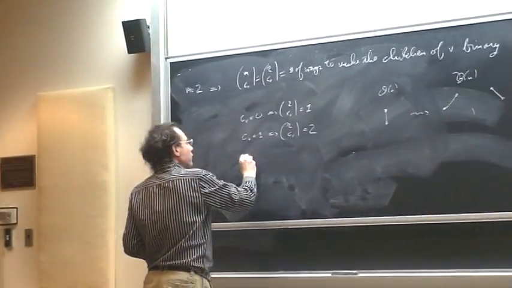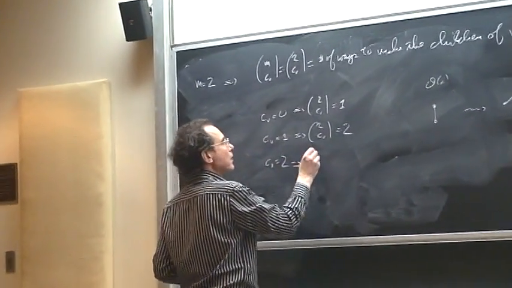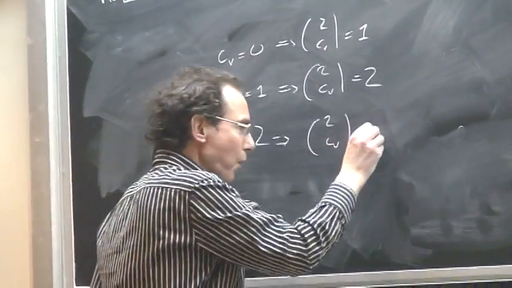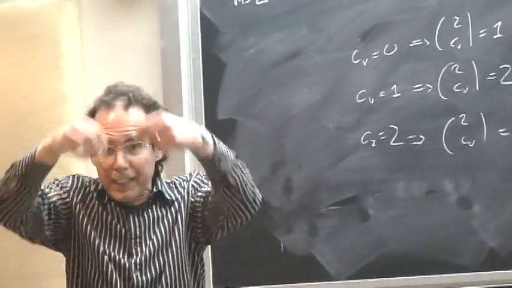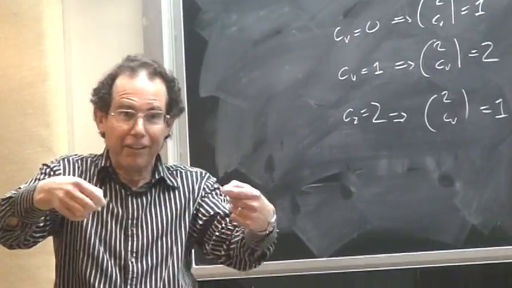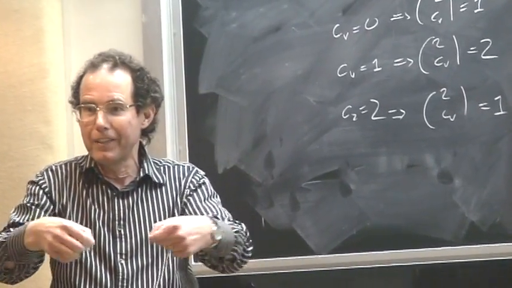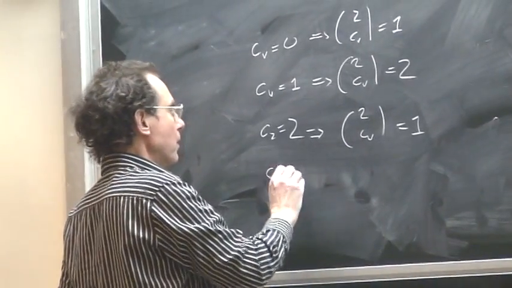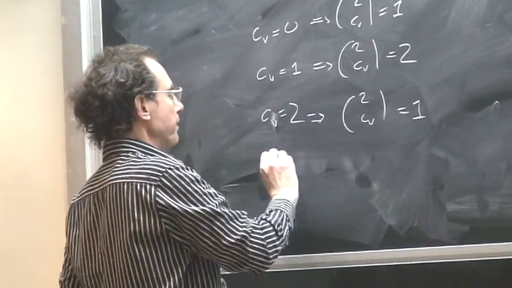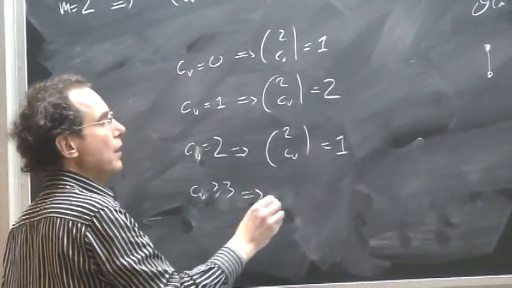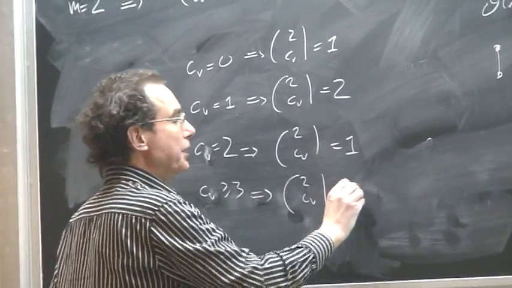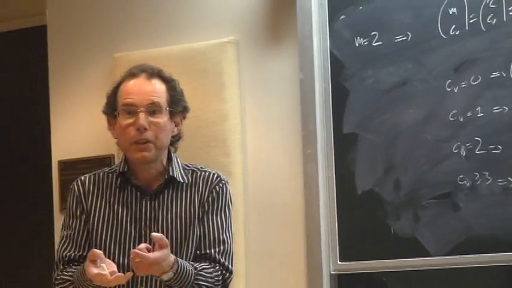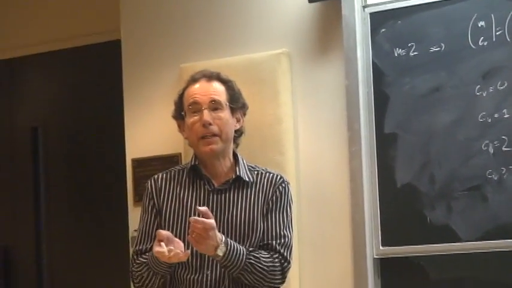What if I have 2 children? Well, then this is 2 choose 2, which is 1, and of course that's also correct because if I've got 2 children, they're left and right in both the ordered and the binary case. And what happens if I get larger than that? Well, then this clearly is 0, which is what we want, because if I've got 3 or more children on my ordered tree, it's going to be very hard to make it binary.